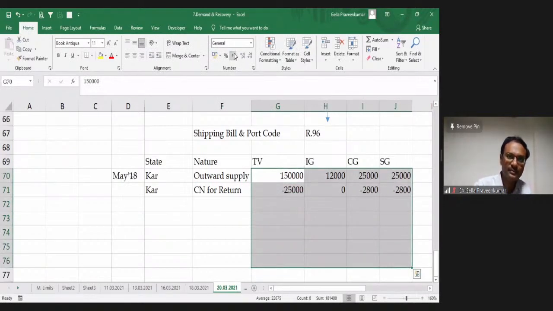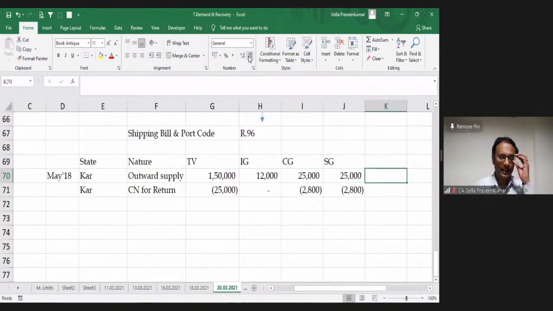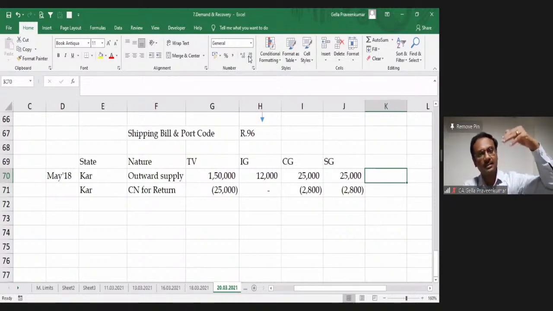Now, if I have this transaction in my table number 7, I call that a B2C transaction. So I have intrastate supply. I also have interstate supply. My interstate supply is going to table number 5. My unregistered intrastate supply is coming to my table number 7.